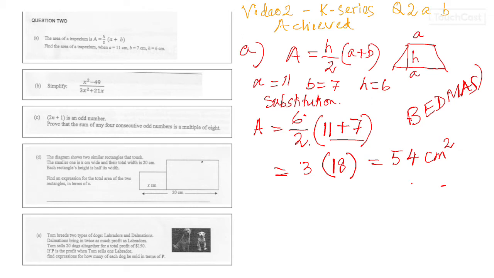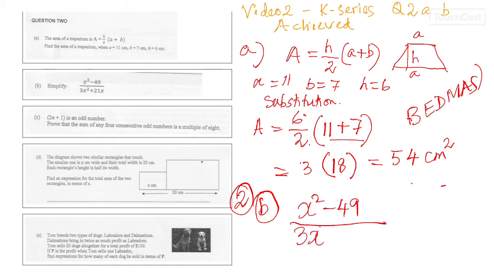Now moving into a typical BMCAT type question, which is question 2b: x squared minus 49 over 3x squared plus 21x.